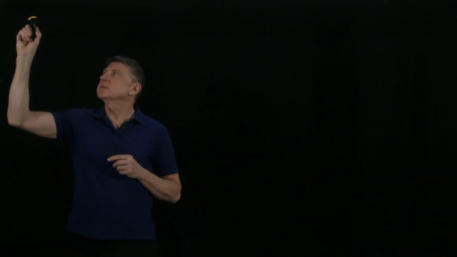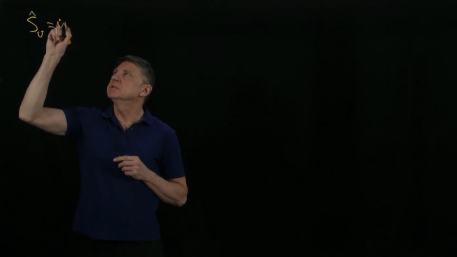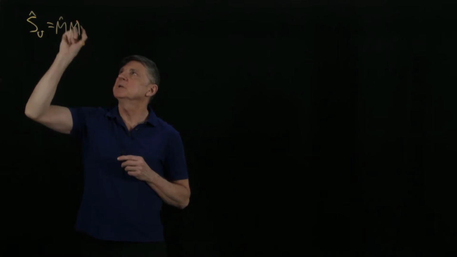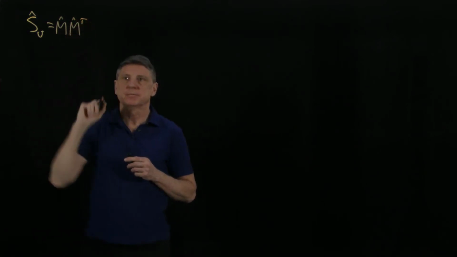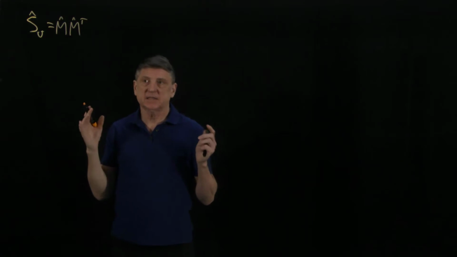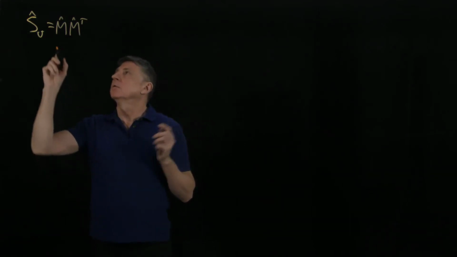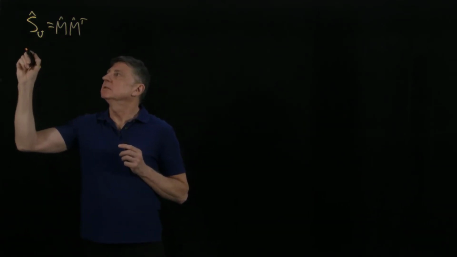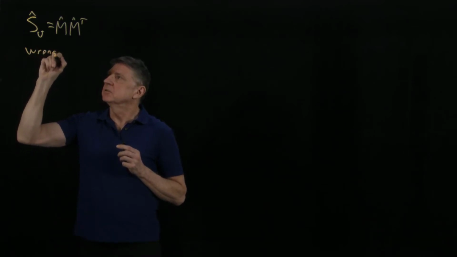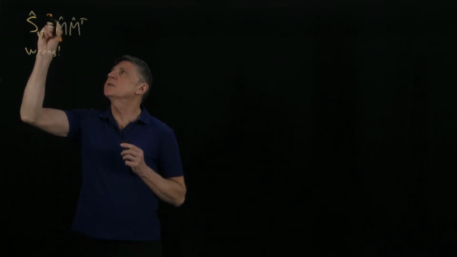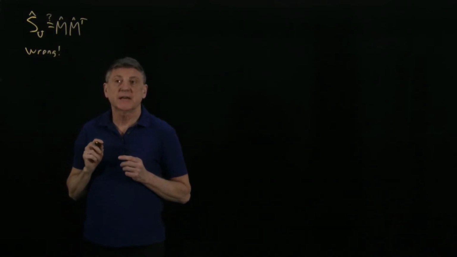So what we have here is our scatter matrix defined using observation style. We would represent that as the zero mean embedded times the zero mean embedded transpose. Well, that's not exactly what we want to do, right? So this is wrong. Let's put a question mark over that and say that that's wrong.